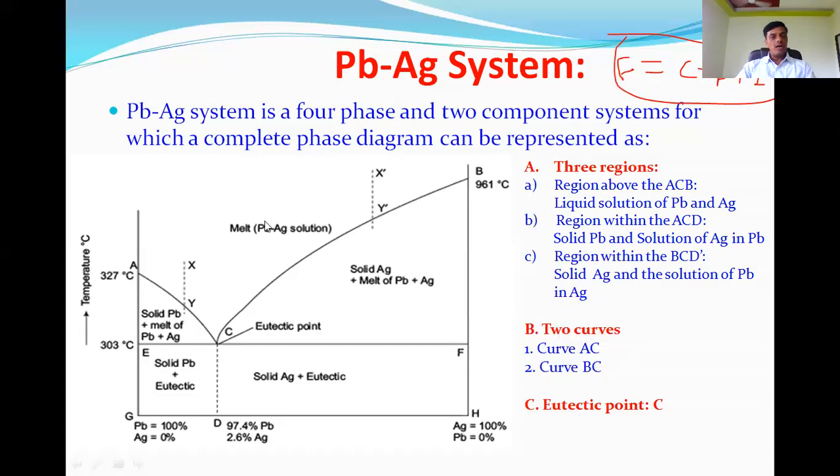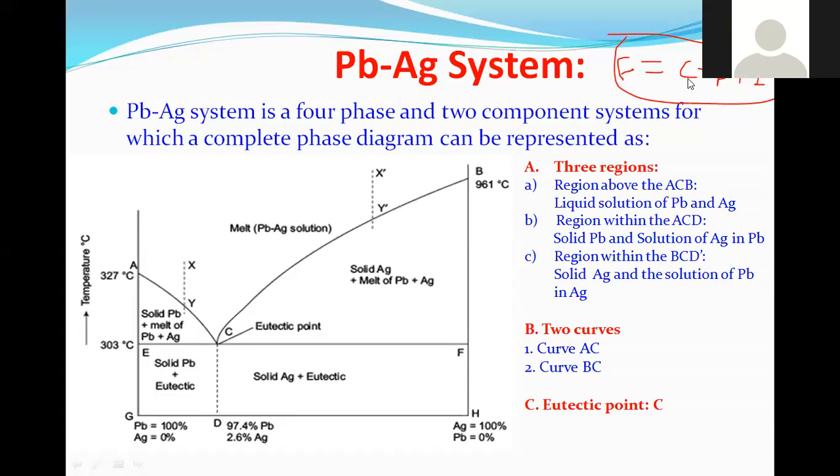Now, students, in this area only one phase exists, that means number of phases is 1, number of components 2. 2 minus 1 plus 1. What is the answer? Who will tell me?